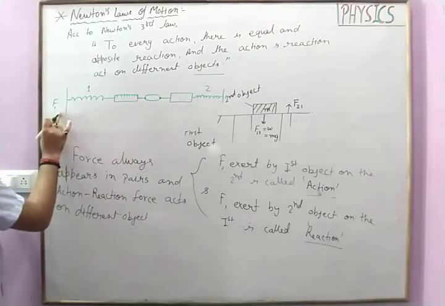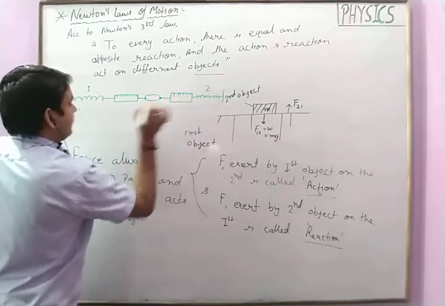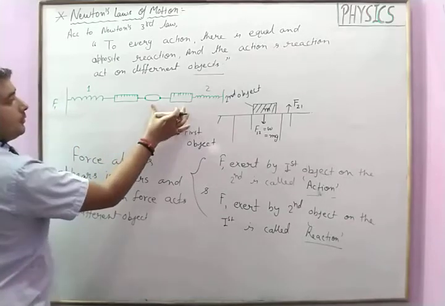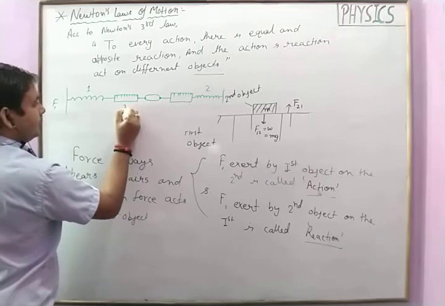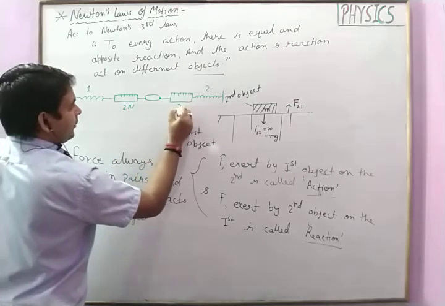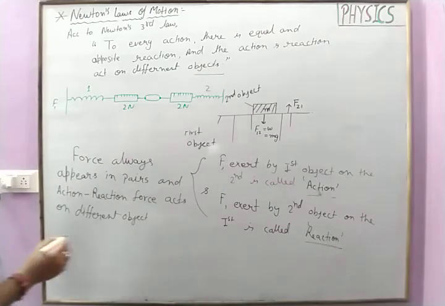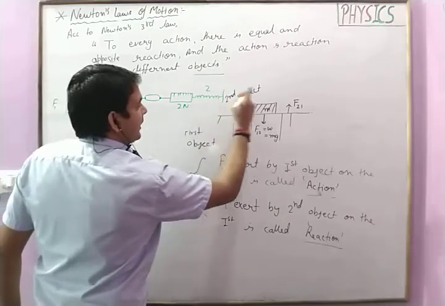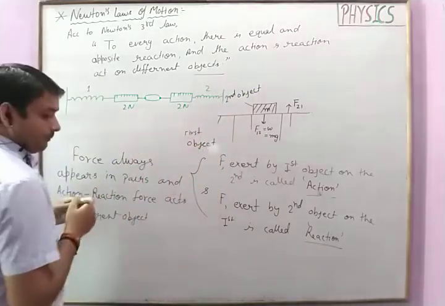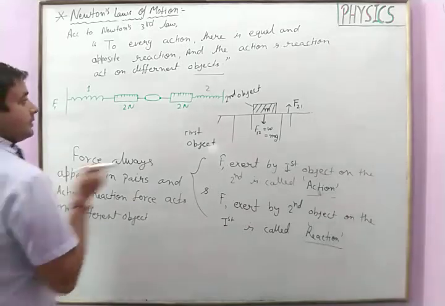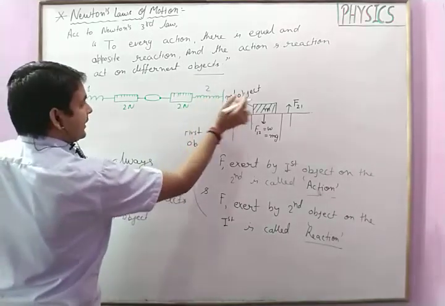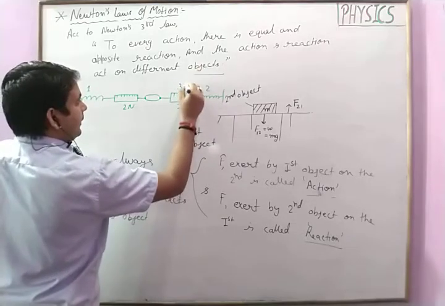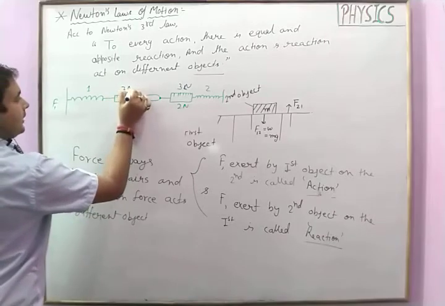When we applied a force on the first spring, we observed that the balance gives the same unit, suppose 2 Newton, and here also 2 Newton. And if we stretch the second spring, we observe that due to the stretching of the second spring, the balance gives the reading 3 Newton, and this is also 3 Newton.